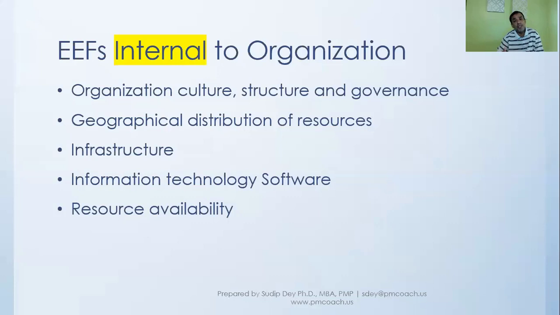Or in some companies, you might have specialized resources. In some, there might not be. So that is again a factor that needs to be considered when we are running a project. As you can see, all these are environmental factors internal to the organization, and they are going to influence our project.